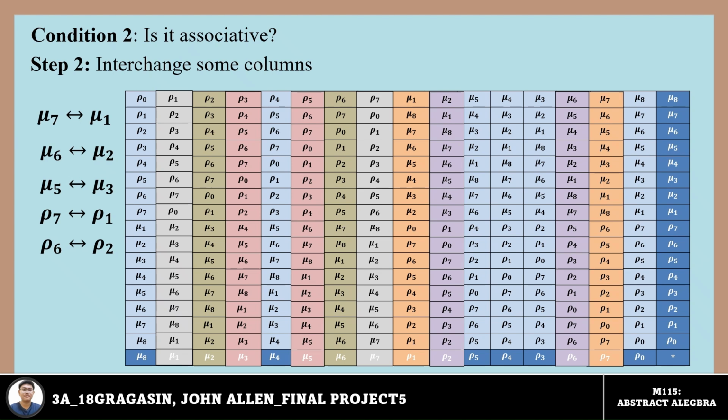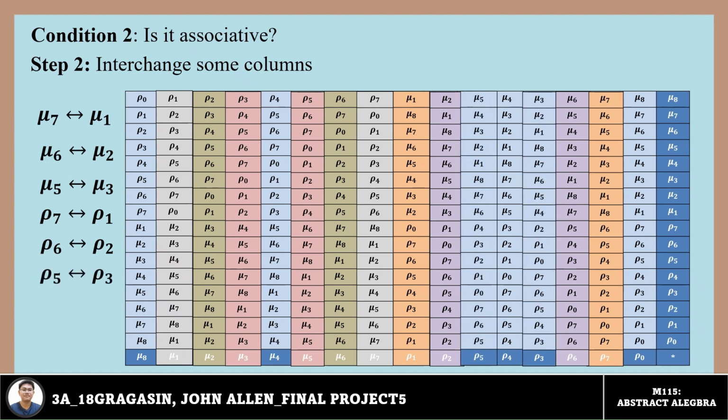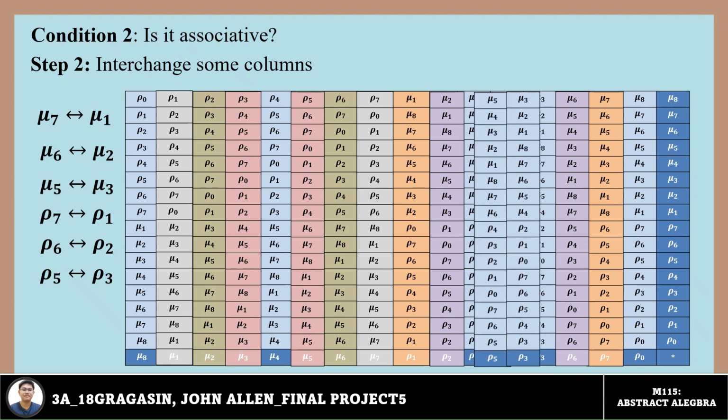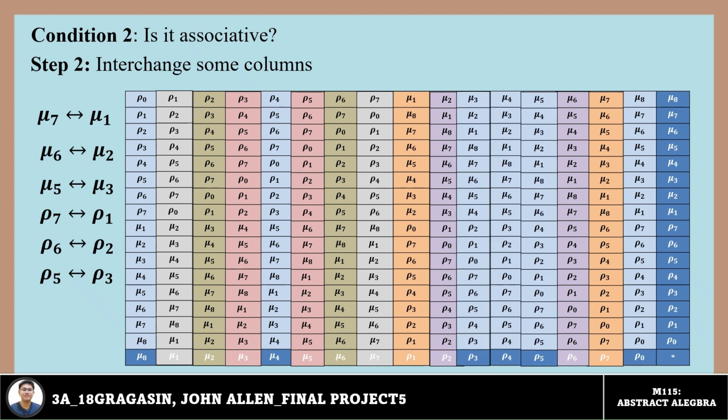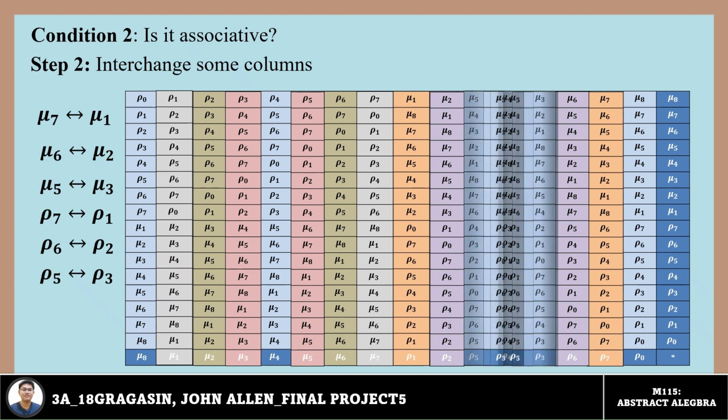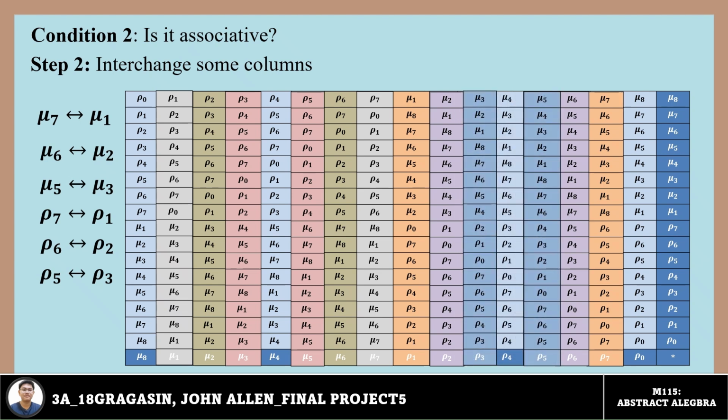And for the next one, we have here rho sub 5 and rho sub 3. We need to interchange this column to this column. So we have this one, and then we have this one.